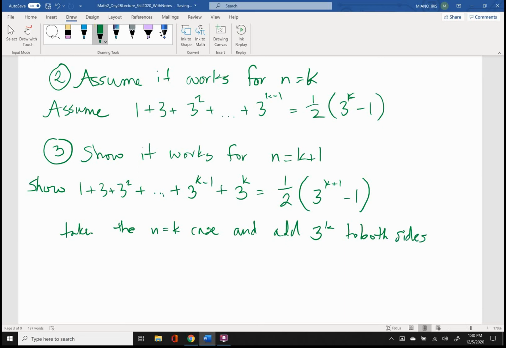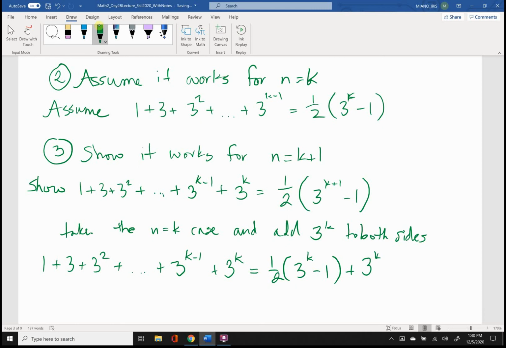Okay, cool. So again, take your n equals k case, which in this particular problem is 1 plus 3 squared plus dot dot dot plus 3 to the k minus 1 power plus 3 to the k, and set that equal to the original n equals k right-hand side of 1/2 times 3 to the k power minus 1, and then add 3 to the k to that side.